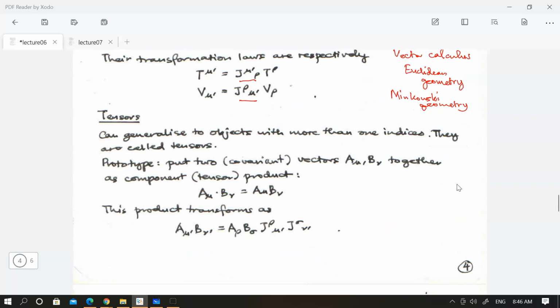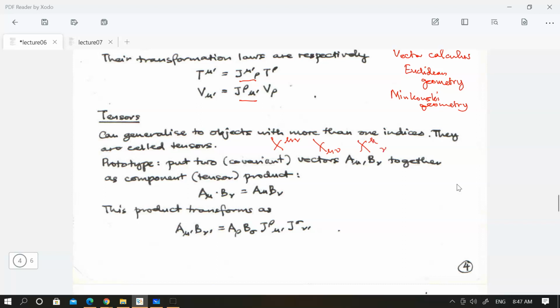So the next thing that we want to do is essentially to generalize these objects. How we generalize these objects is to consider objects with more indices. So I can have something like x^{μν}, x_{μν}, or even a mixture of that.